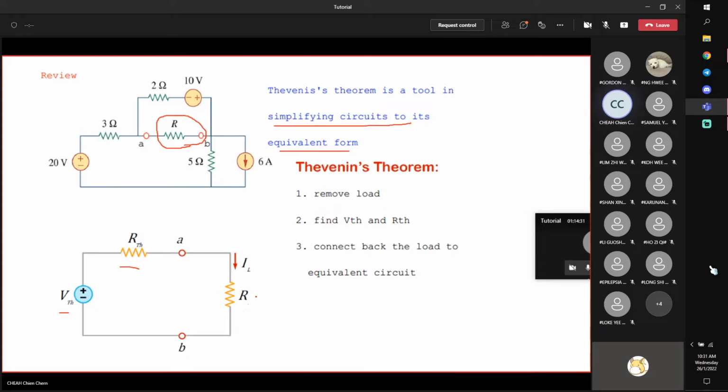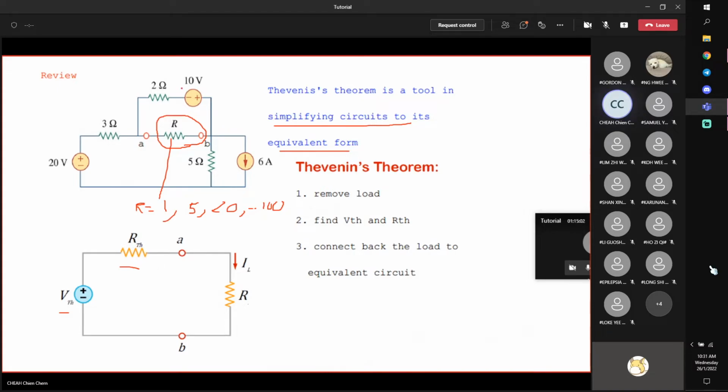Not only is it useful in finding maximum power, this circuit is also useful when your load changes frequently. For example, if I ask you to find the circuit variables when R equals 1 ohm, 5 ohms, 20 ohms, and 100 ohms. One way is to do your circuit analysis a few times with different values.